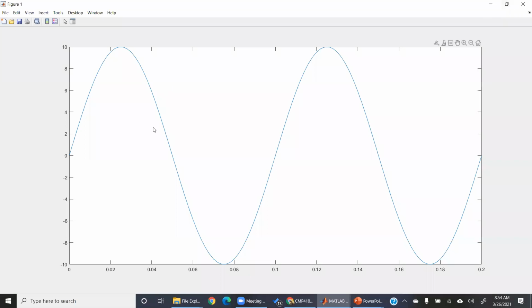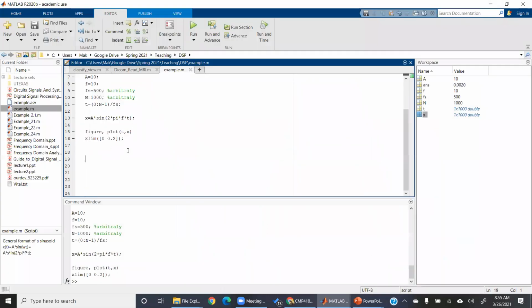Okay, so let's see what the period is here. Of course, you can use the tracking. If I want to know what the period is, I can use this cursor here. And it's telling me my period is 0.1. Of course, the reason is your sampling frequency is just for reconstructing the signal.